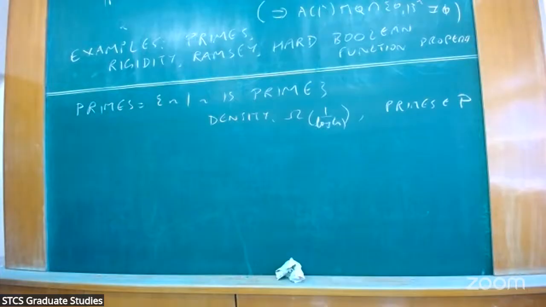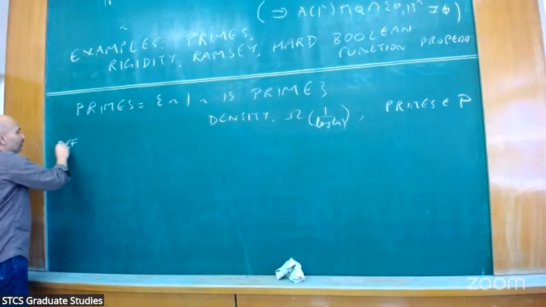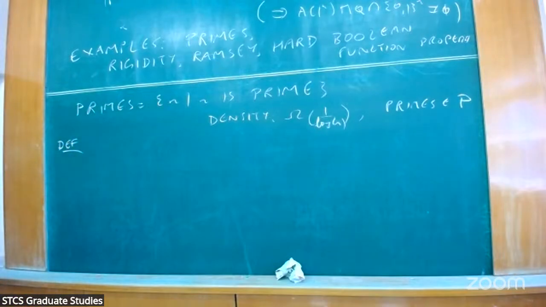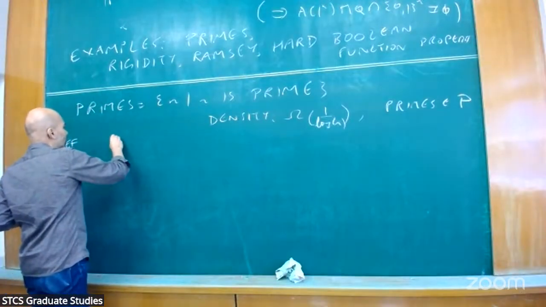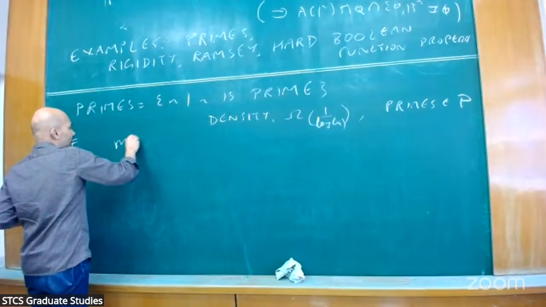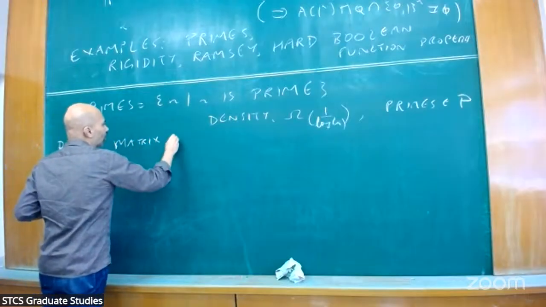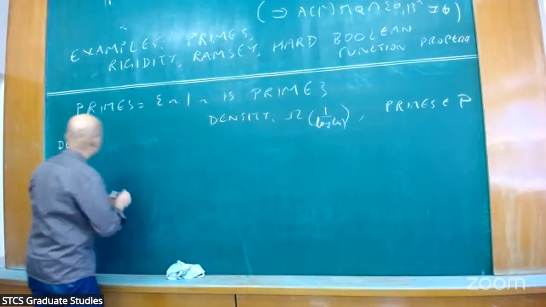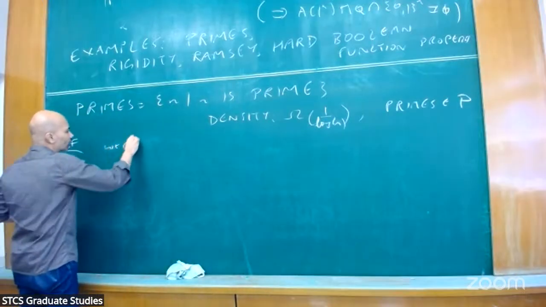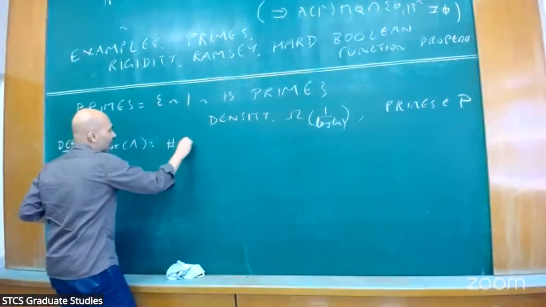Okay, and then the second property we'll consider is rigidity. So let's define rigidity. We'll only be considering rigidity over matrices over F2. First of all, the weight of a matrix A is just the number of non-zero entries.